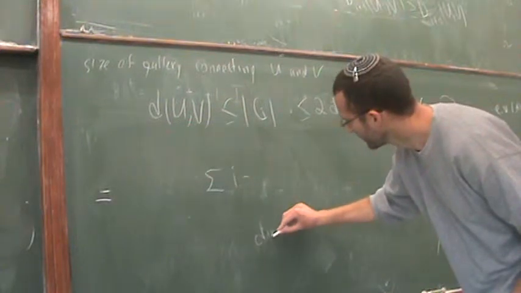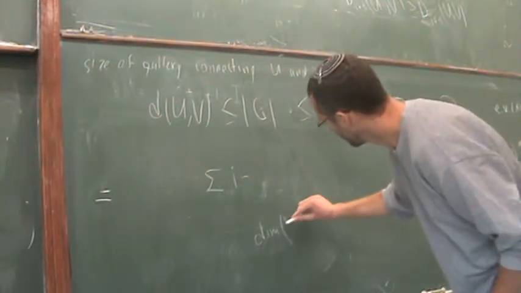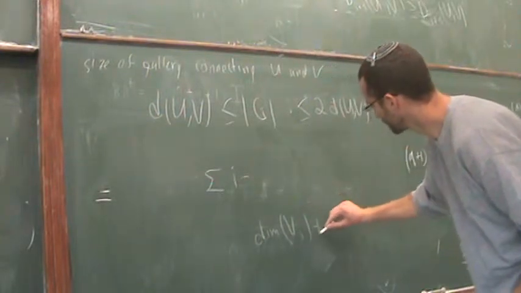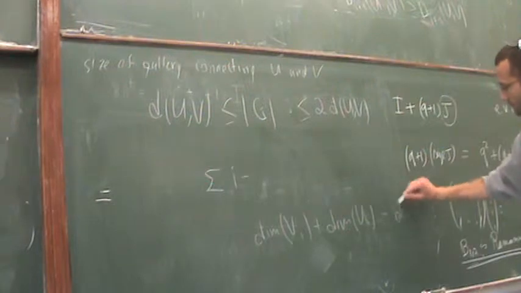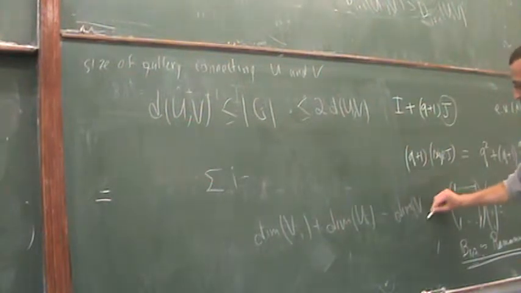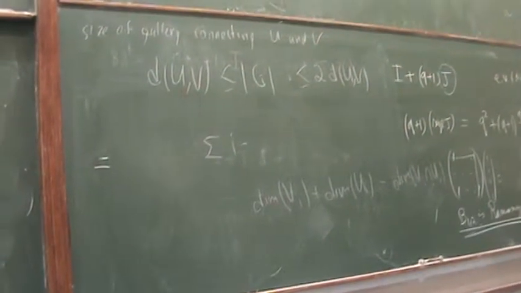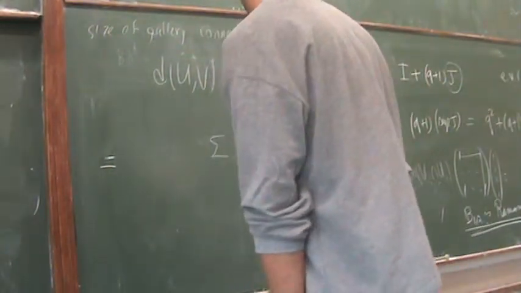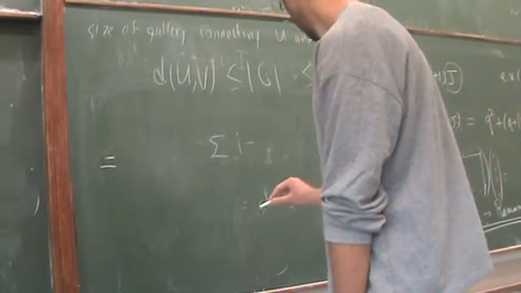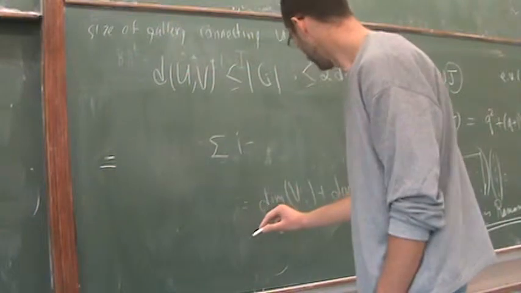Well, we know that the dimension of vi... Can't it happen that vi and ui do not intersect at all? Okay, it depends how large, right? If you look at un minus 1 and vn minus 1, they have codimension 1, so they must intersect.